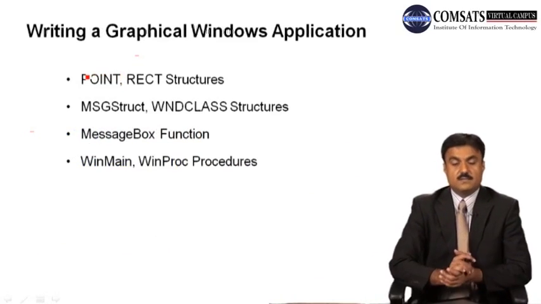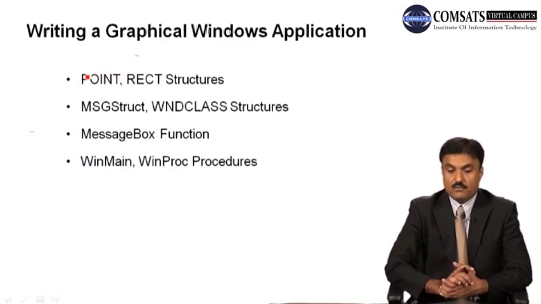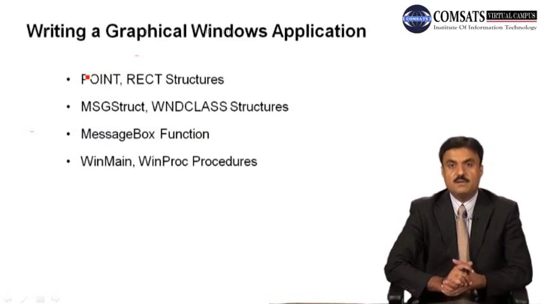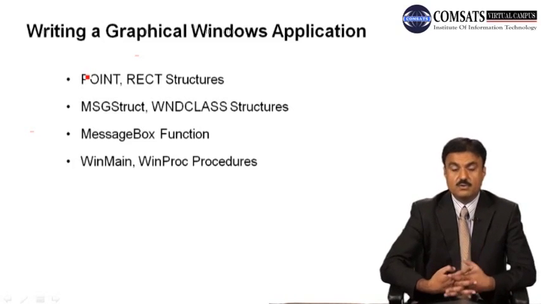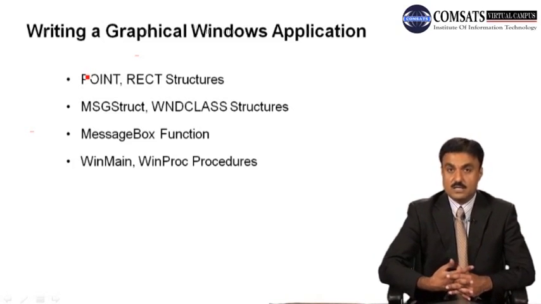The next one is about writing graphical window applications. Whatsoever we were dealing with previously was about the console window or console buffer information and so on. Now here we are going to deal with graphical windows.